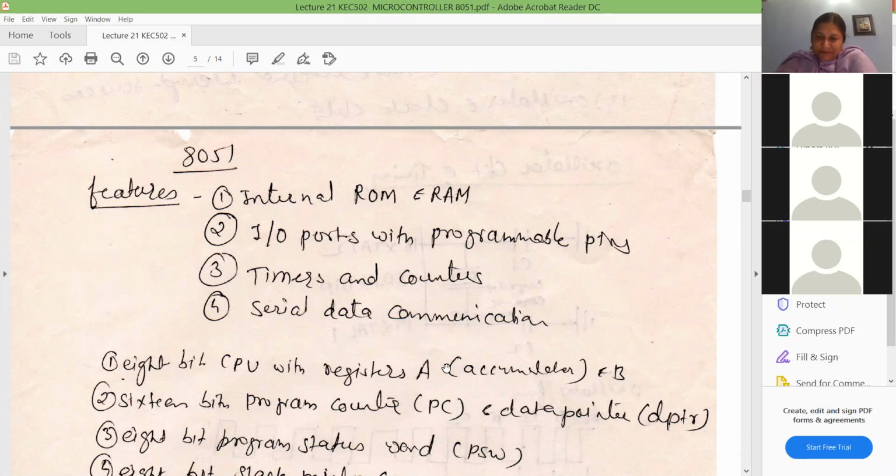Yes, please. Ma'am, one... if your crystal frequency is 2 megahertz, then what will be your T? Then it should be 1 microsecond. If the crystal frequency is 2 megahertz... You are talking about 8085 or 8051?